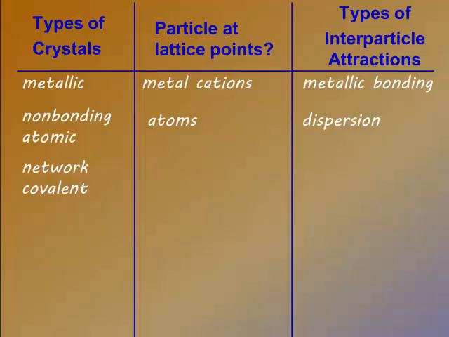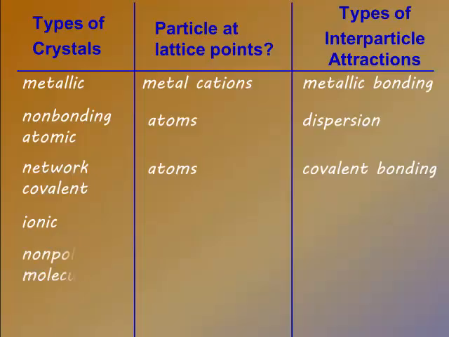Network covalent solids also have individual atoms at each lattice point, but a much stronger force of attraction holds these atoms together in network solids. Covalent bonding. Virtually all compounds form one of 3 types of crystals. What are they?